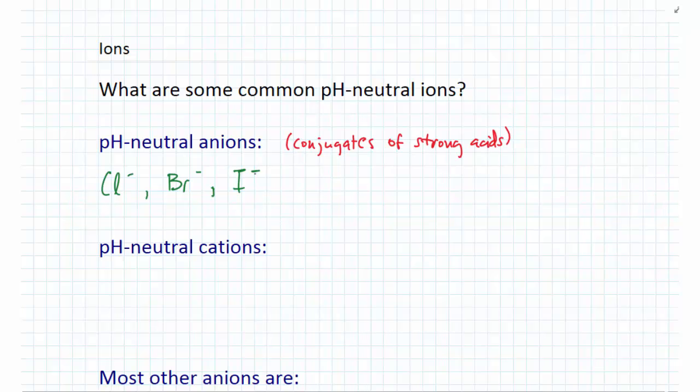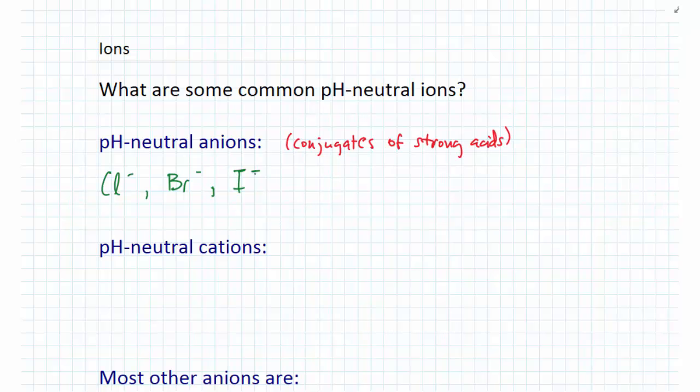Sulfur, we're going to come back to sulfate, because sulfuric acid actually has 2 protons, and that complicates things a little bit. Phosphate is a weak acid; phosphoric acid is a weak acid.